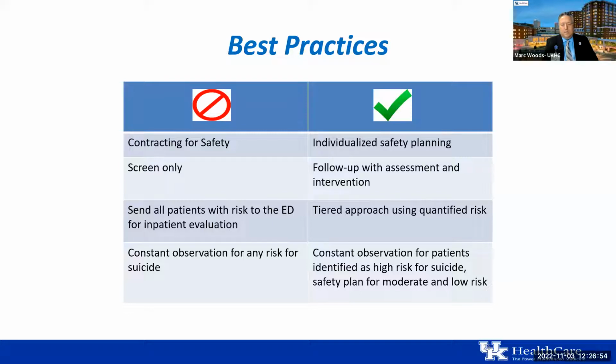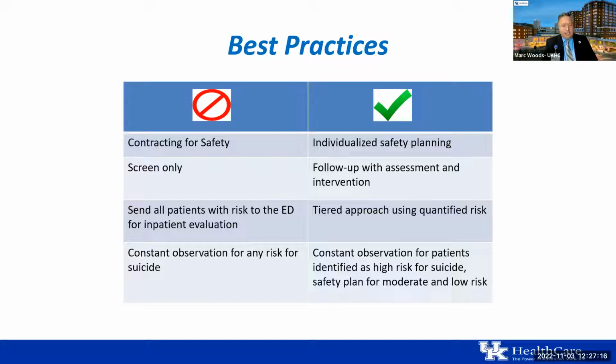We essentially said, you're not going to hurt yourself, and we need you to sign off on this contract and make that declaration to us. We know now that that's not effective, and it's not evidence-based. And now individualized safety planning is really more of the best practice for that.